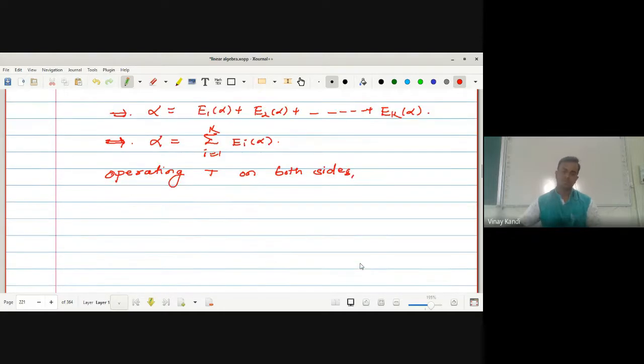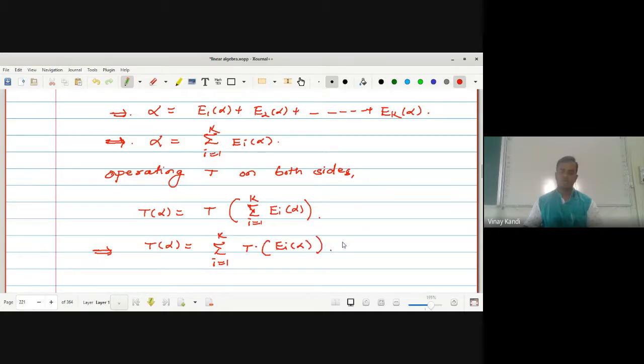So operating T on both sides, what we get? T of alpha is equal to T of summation i running from 1 to k of Ei of alpha. So this implies T of alpha is equal to summation i running from 1 to k of T Ei of alpha. Why? Since T is linear.